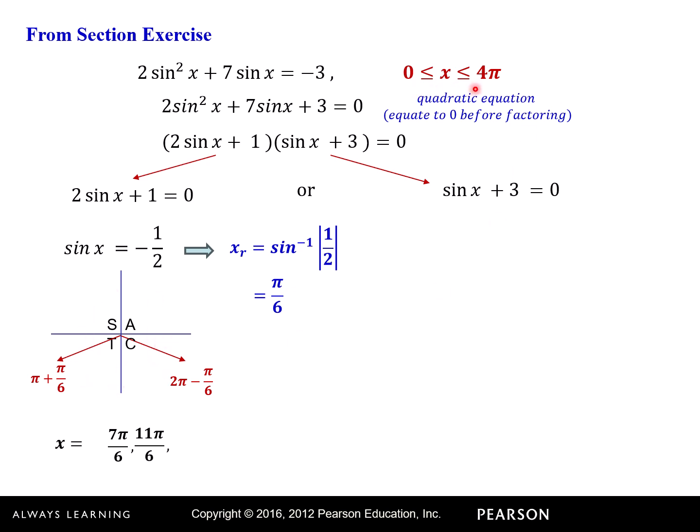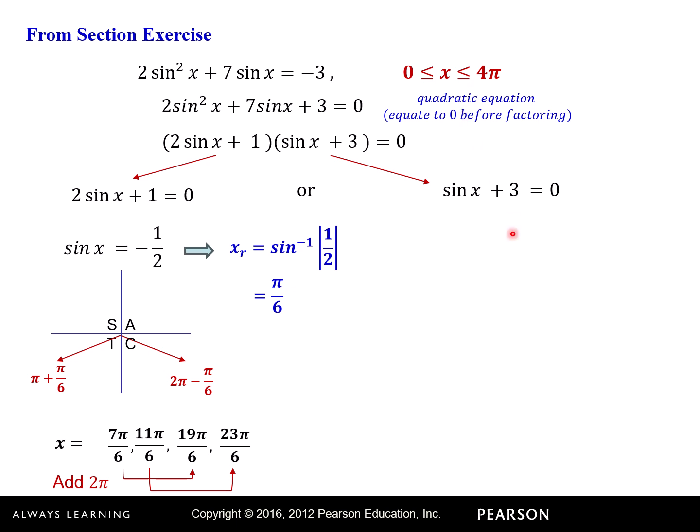But what we need in our domain is from 0 to 4 pi, meaning we need 2 revolutions. So we will need 2 more angle solutions by adding 2 pi to each. If I add 2 pi to 7 pi over 6, we will get 19 pi over 6. And adding 2 pi to 11 pi over 6, we will get 23 pi over 6. So these are the 4 angles from this equation in the domain 0 to 4 pi.